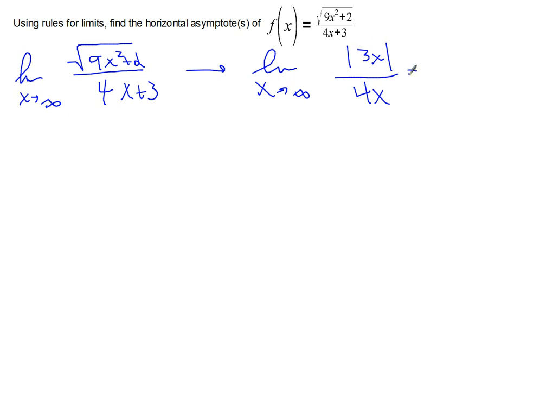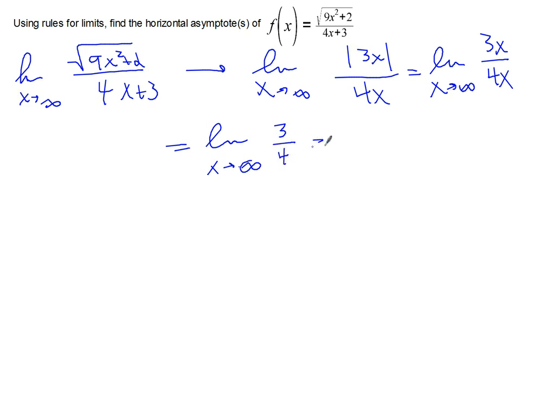So this limit is equal to the limit as x approaches infinity of 3x over 4x, and we can cancel the x's to get the limit as x approaches infinity of 3/4, which is just 3/4. So this has a horizontal asymptote of y equals 3/4 to the right.